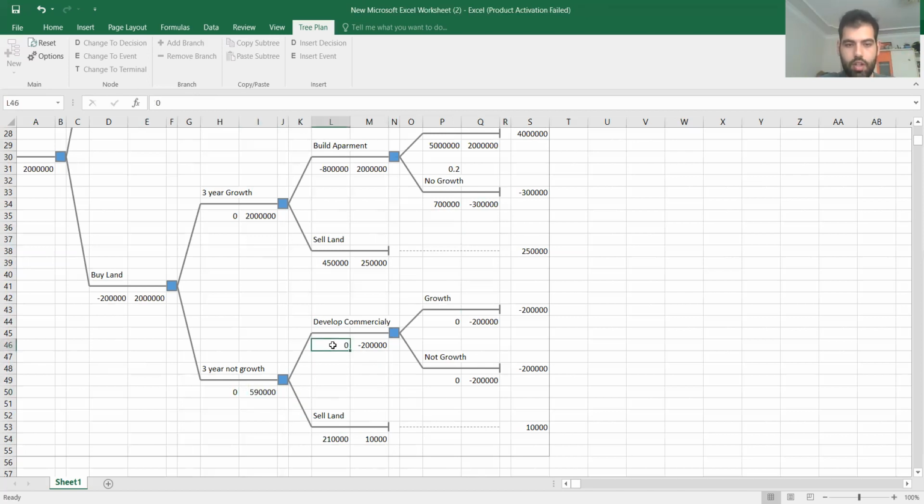At the commercial side, it will cost for us, and this cost is only, I think, $600,000. Yeah, and also we are still earning because we still have our land worth $590,000. So that's why it's just adding.